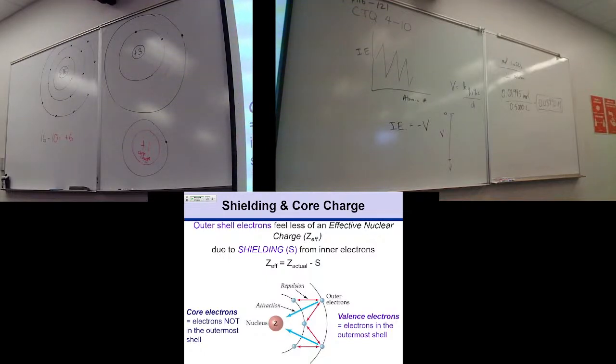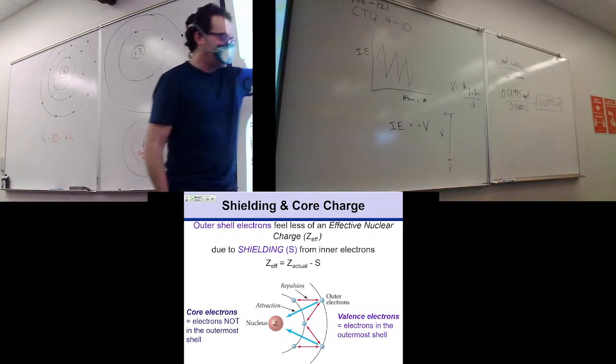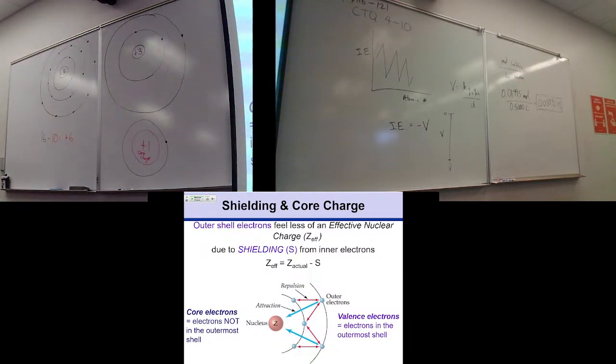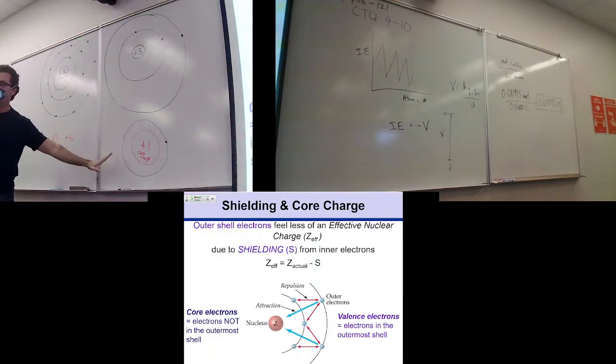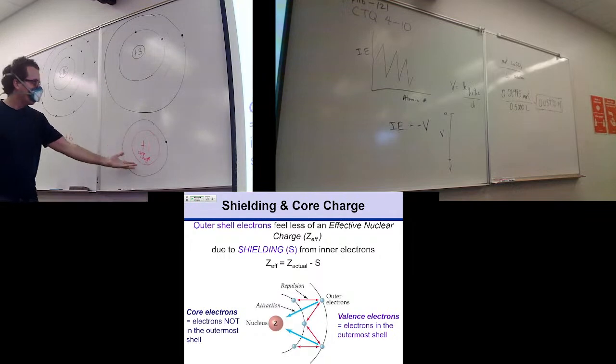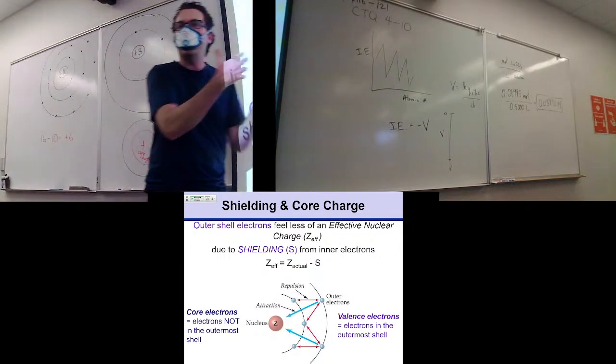They're preventing the outer electrons from feeling the full force of the nucleus. This nucleus has a positive charge attracting the outer electron, but the inner electrons are at the same time repelling it. So this outer electron is being shielded from the nucleus by these inner electrons. There are many ways to calculate this shielding concept, which is beyond what we're going to do. Core charge is a very simple tool for us to represent this shielding. Or core charge is the Z effective, I should say. It's like, what does it actually feel?